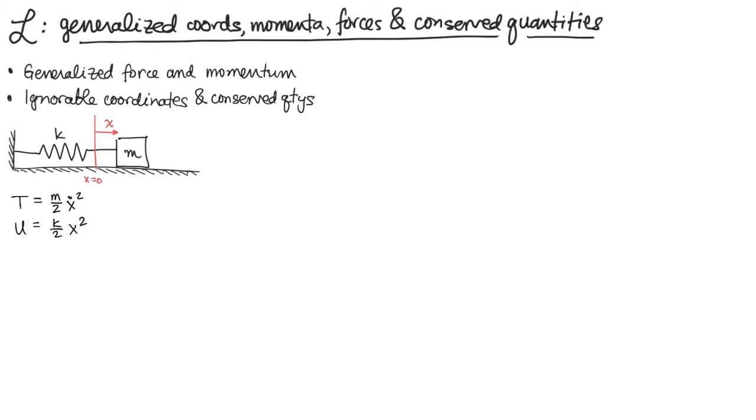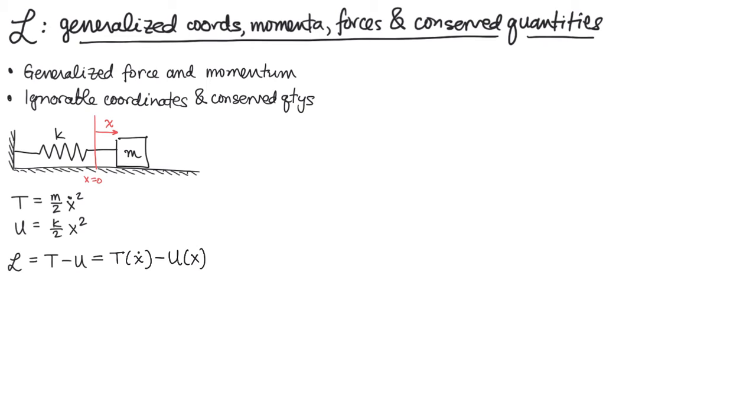Right away we see that the Lagrangian, which is given by T minus U, is going to depend on T and U. T only depends on a velocity and not a position, and U only depends on a position and not a velocity.